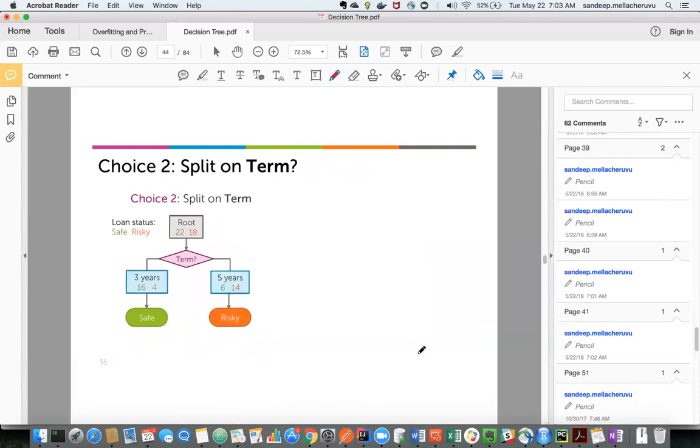Now if we split on term, what is the classification error? Here the majority class is safe, so we predict safe. And here the majority class is risky, so we predict risky. Now if we stop here, what is the percentage of classification error we are going to get?